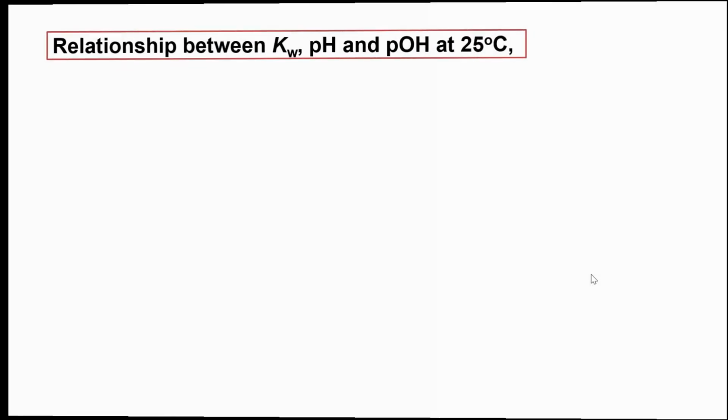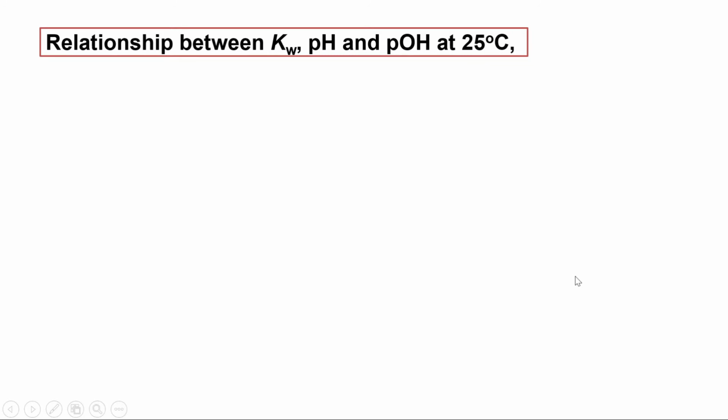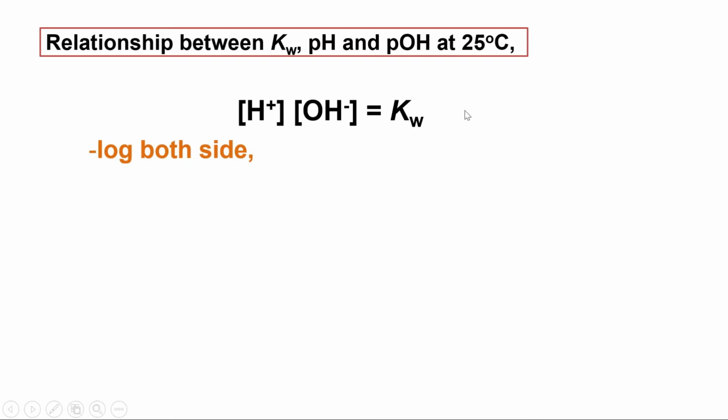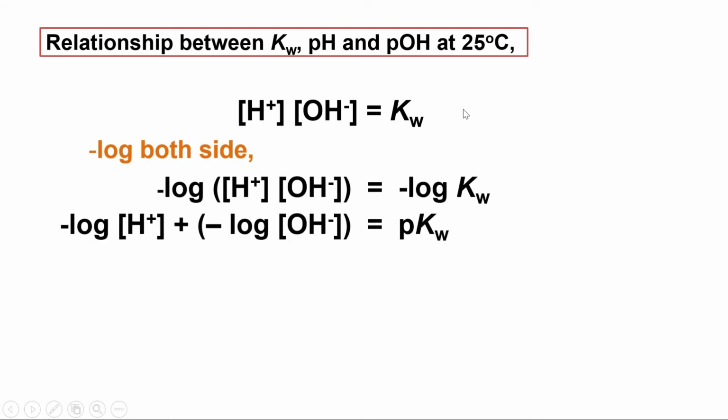So, relationship between Kw, pH and pOH at 25 degrees Celsius. As we know, H plus and OH minus ions are correlated to each other by using the Kw expression. So taking negative log on both sides, we're going to do some math here, bringing up to this equation: pH plus pOH equals pKw.